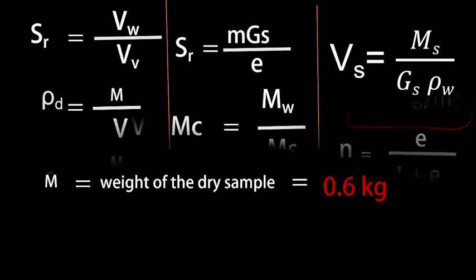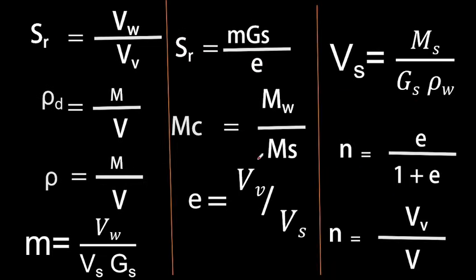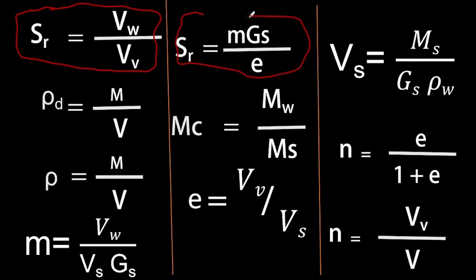This is the end of this video for how to calculate soil properties. So these are the formulas that we have used to calculate the soil properties in this video. Just to recap, the degree of saturation can be calculated using this formula or this formula. It just depends on the parameters that you are given.